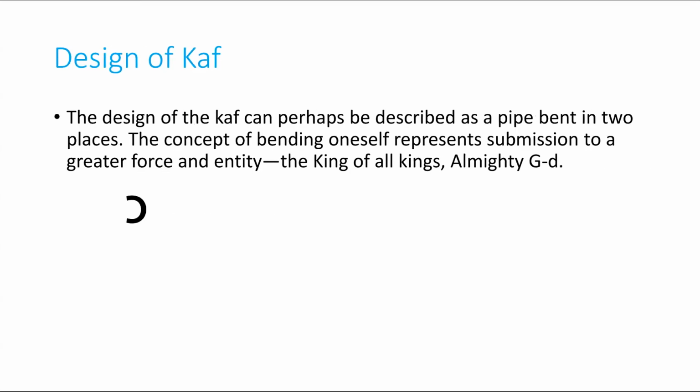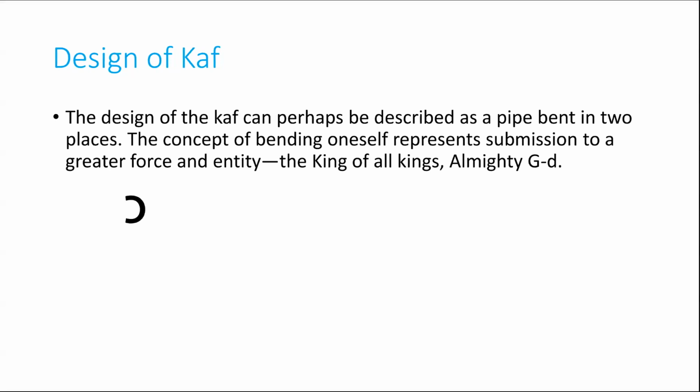possibilities. The design, what it looks like, can perhaps be described as a pipe bent into two places. The concept of bending oneself is a big concept here. It represents submission to a greater force and entity, the King of all kings, God. So it's got this bent, pipe-bent look to it.